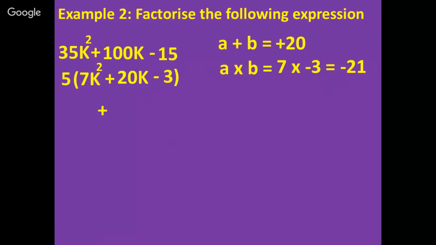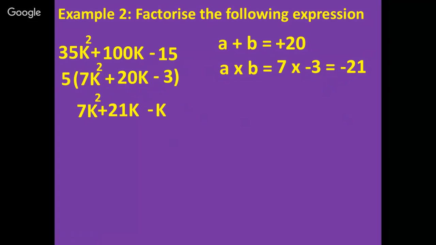So let's break this 20k into plus 21k minus k. Now let's write the remaining terms.